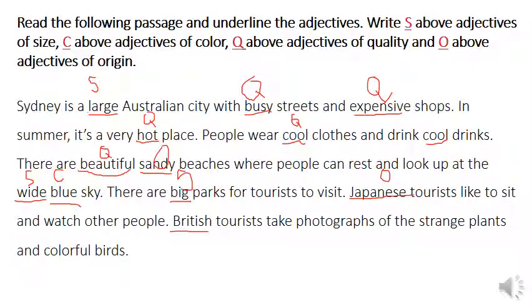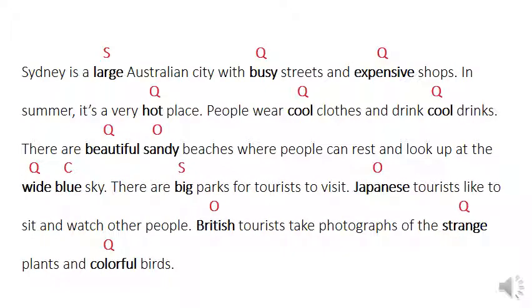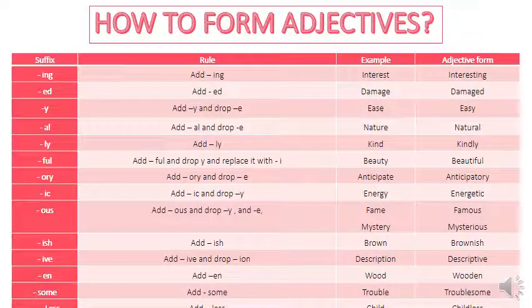So British is also an adjective. It's an adjective of origin. Strange plants, strange is an adjective of quality, and colorful is an adjective of quality also. It's not an adjective of color because I'm not describing the color of something. I'm saying that these are colorful birds. So here are the answers.